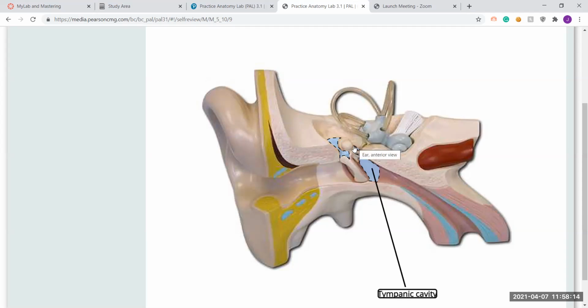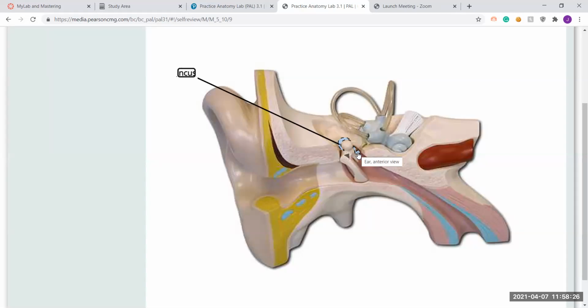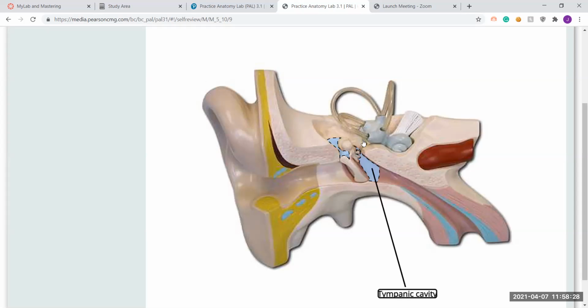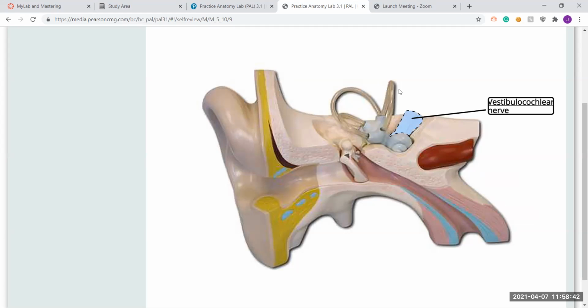Okay, so this is all middle ear cavity, and this whole cavity is in your temporal bone. You see this big cavity. Medial to here, the foot process of the stapes is attached to the oval window. And from here, everything inside is inner ear.